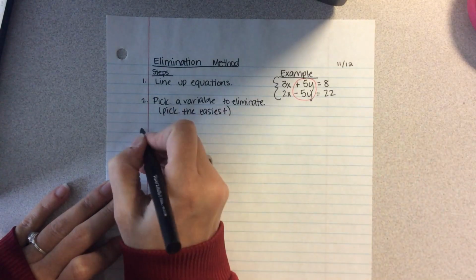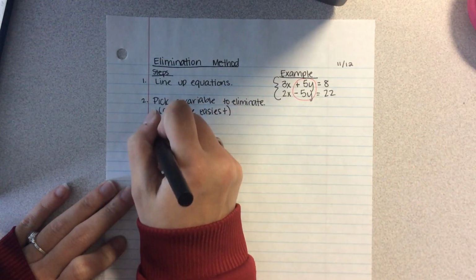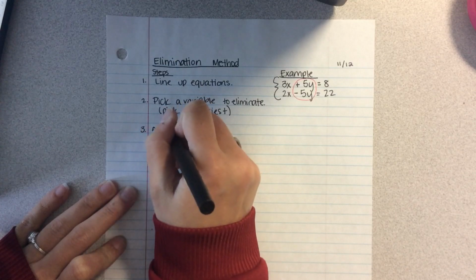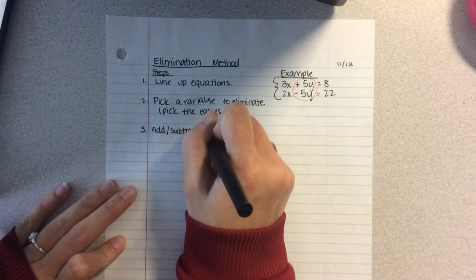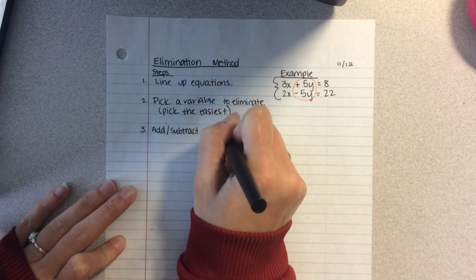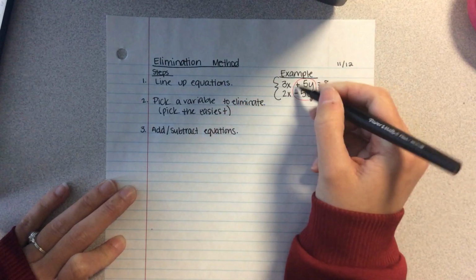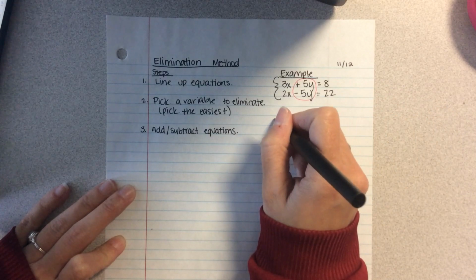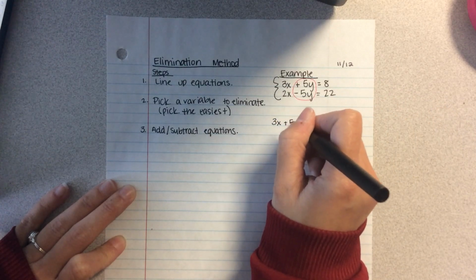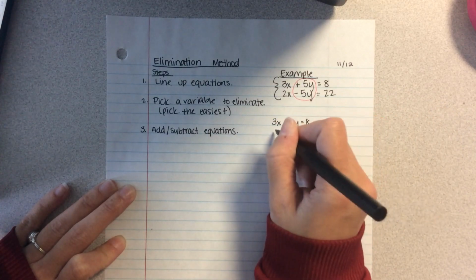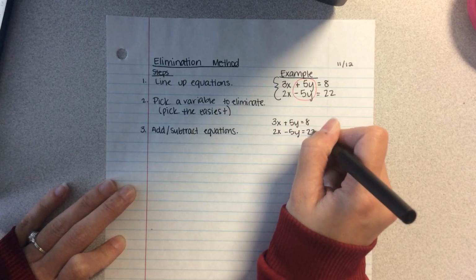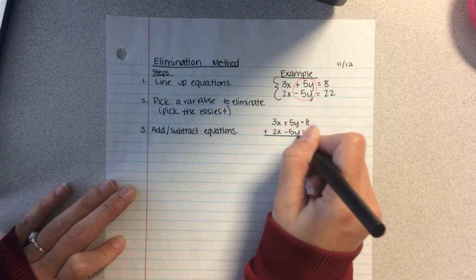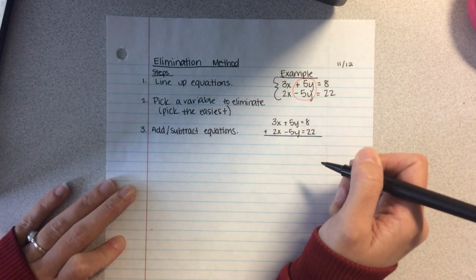Okay, so the third step is to add or subtract the equations. Since these are already opposite signs, we're just going to add them. I'm going to rewrite them here for you. 3x plus 5y equals 8, and 2x minus 5y equals 22, and I'm literally going to add them together.